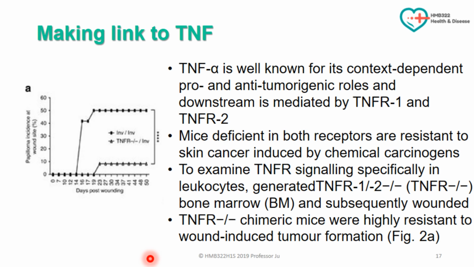So let's say we wound them here at day 10, we wait a little while, then we get tumor formation. But in the knockout animals, we actually don't see that. So it's like the papilloma formation has been blocked, and they are highly resistant. They're all the way back down here at the bottom where we don't get these papillomas.